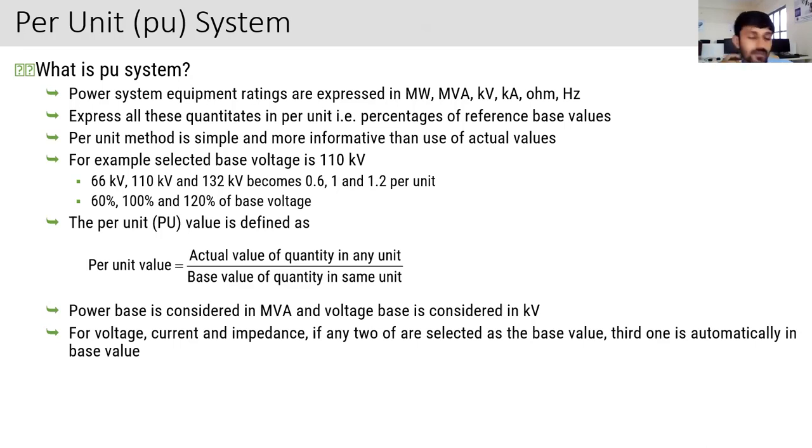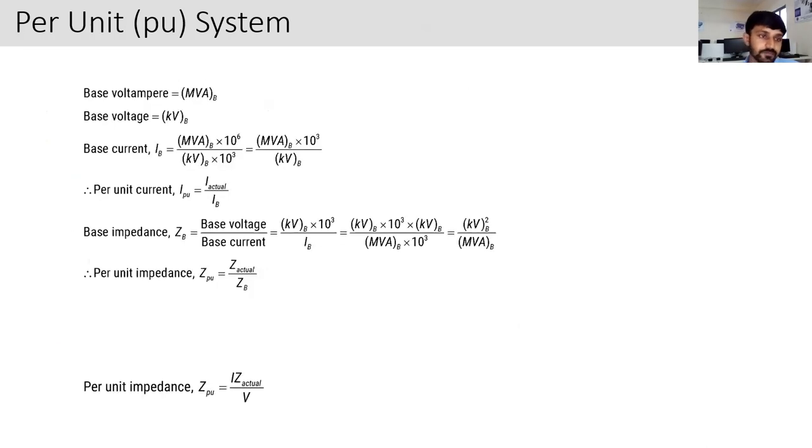If you consider V or R in the per unit system, I is automatically found in the per unit system. So we don't need to find all of these in the per unit system, only two things.